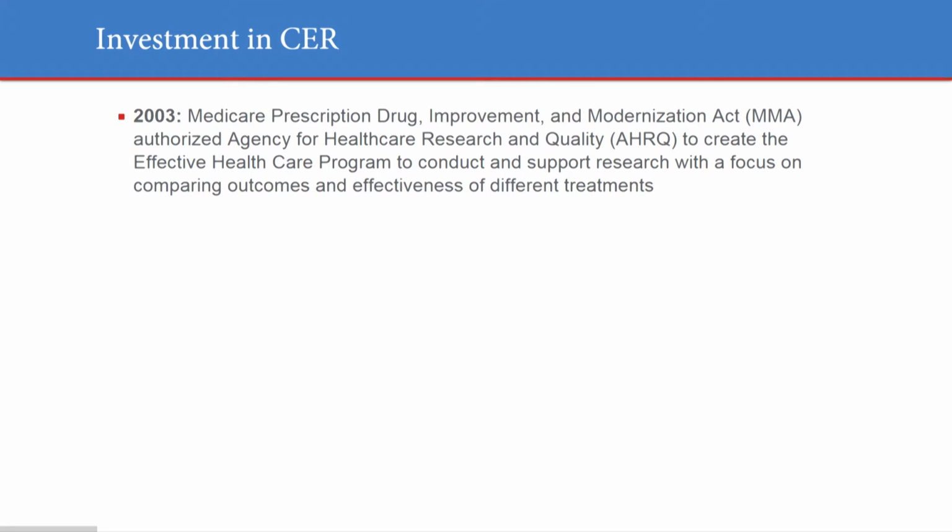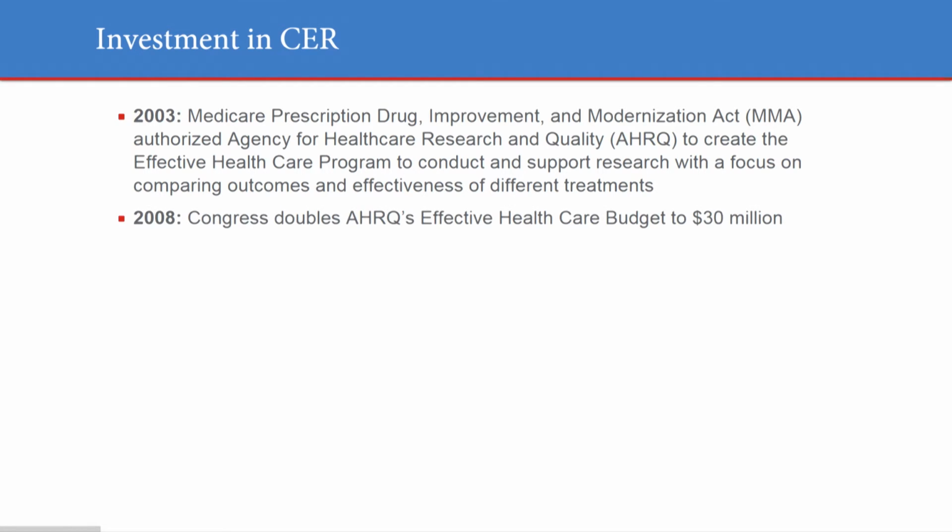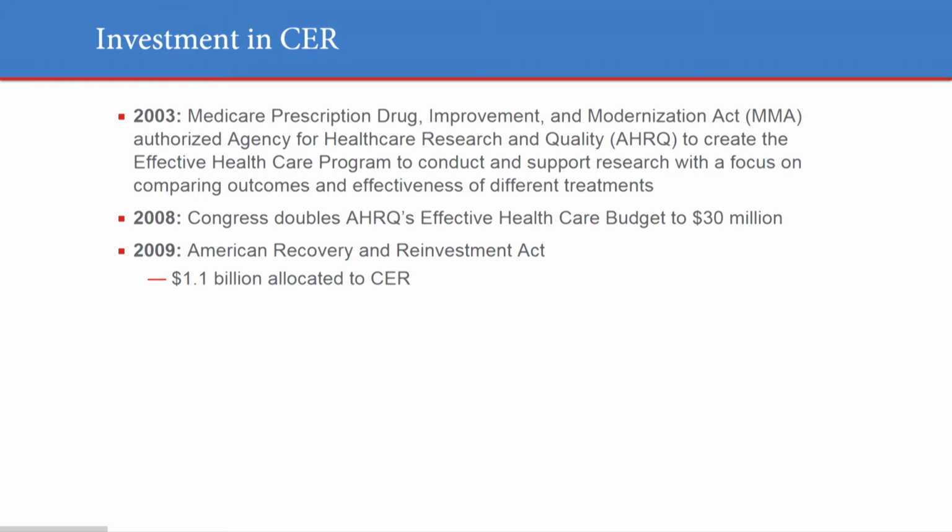The goal of this program was to conduct and support research with a focus on comparing outcomes and effectiveness of different treatments. In 2008, Congress doubled the Effective Healthcare budget to $30 million. In 2009, with the American Recovery and Reinvestment Act, over $1.1 billion was allocated to comparative effectiveness research. And of that, $300 million went to the Effective Healthcare Program at AHRQ.